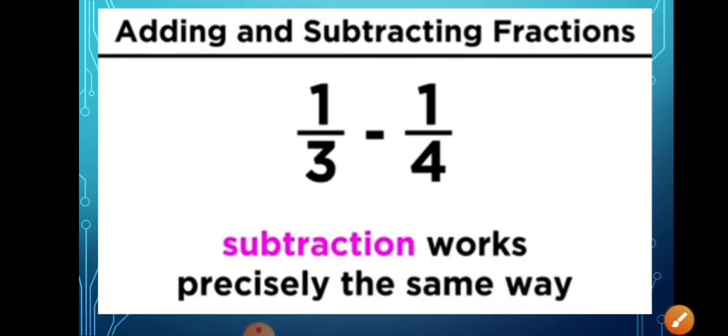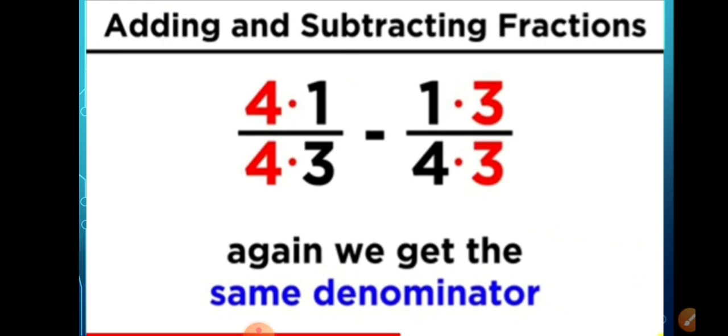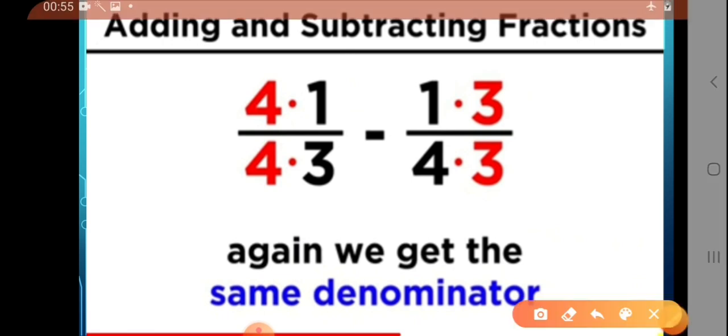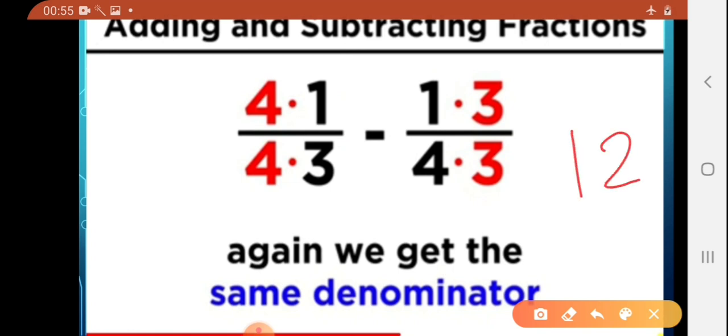Now the same process is for subtraction also. If two fractions are there, 1 upon 3 minus 1 upon 4, subtraction works precisely the same way. First you take out the LCM, which has come 12.